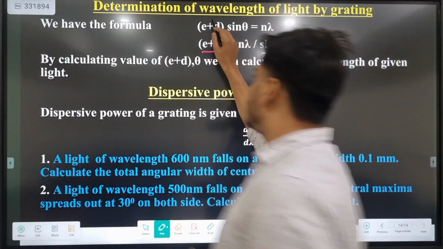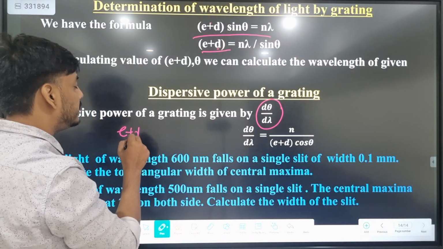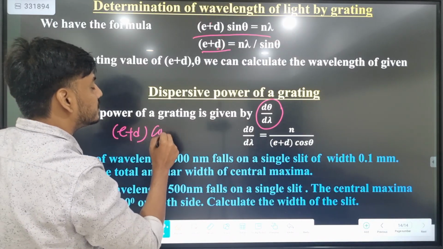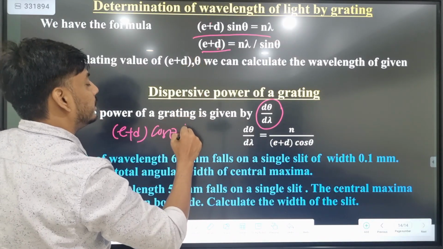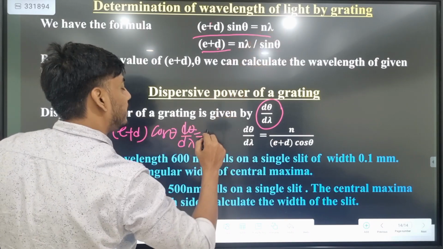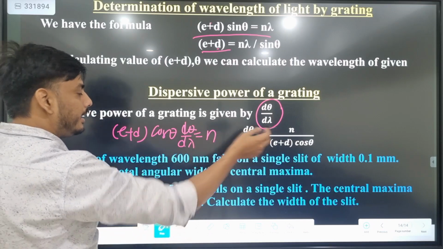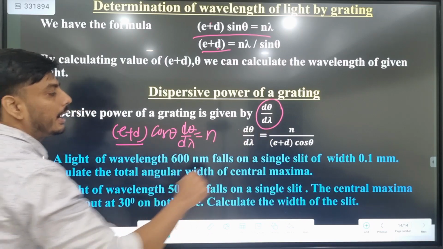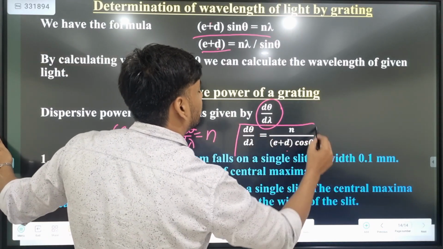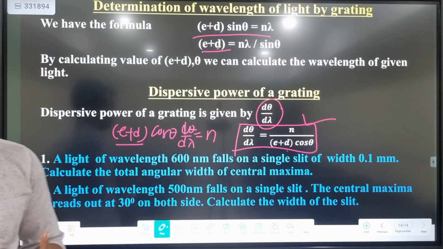If we take the derivative of this line, we get (E plus D) cos theta times d theta by d lambda equal to N on the right side. So d theta by d lambda equals N divided by (E plus D) cos theta. This is the formula for the dispersive power of a grating.